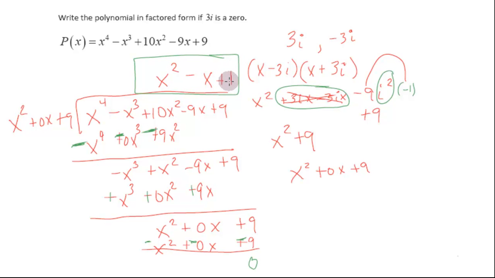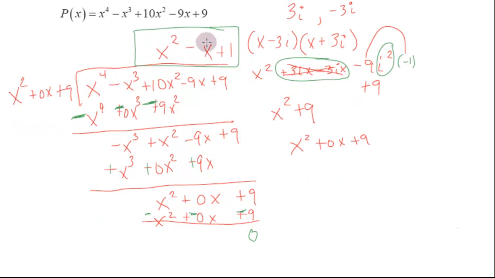Well, let's look at this. 1 times 1 is 1, but they don't add up to negative 1. So it's looking like maybe these two are both imaginary numbers as well for zeros, right? So let's use the quadratic formula and find them. Minus b, minus negative 1, that's 1, plus or minus negative 1 squared is 1, minus 4ac.